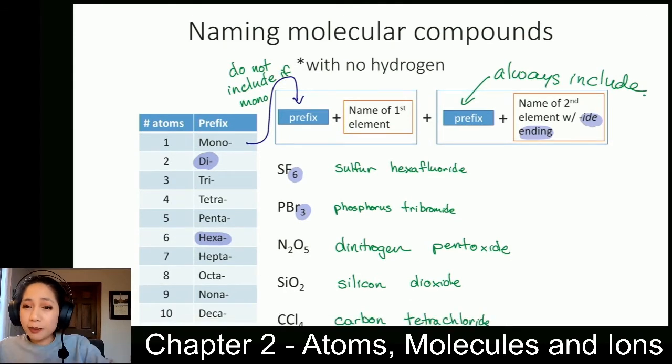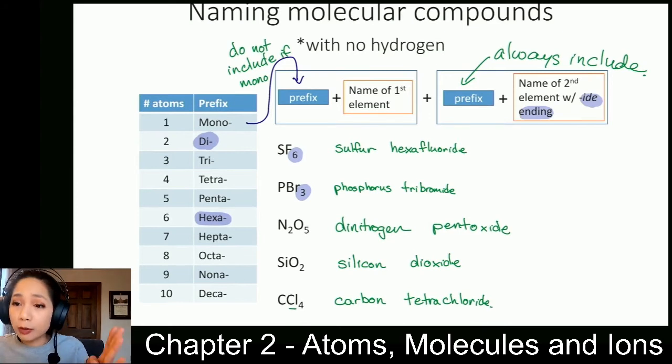That's the big difference from ionic compound naming. But remember, you have to be able to identify, when given a formula, whether it's ionic or molecular. Ionic compounds need to have a metal in them for a cation to form. In molecular compounds, it's all nonmetals.